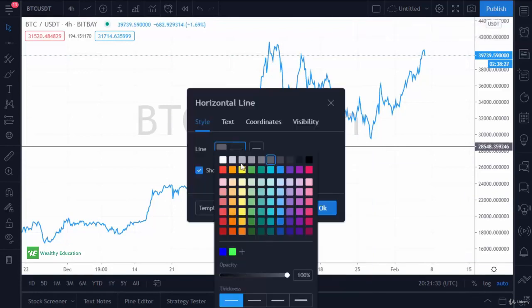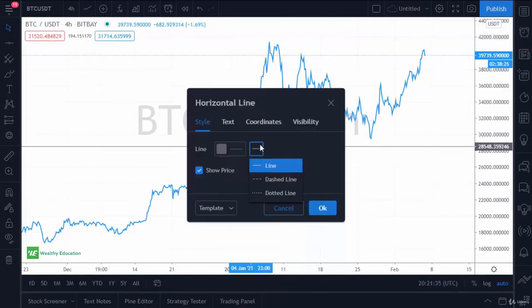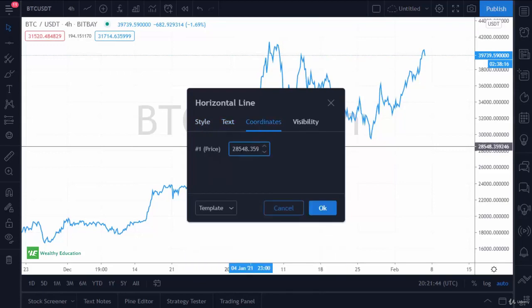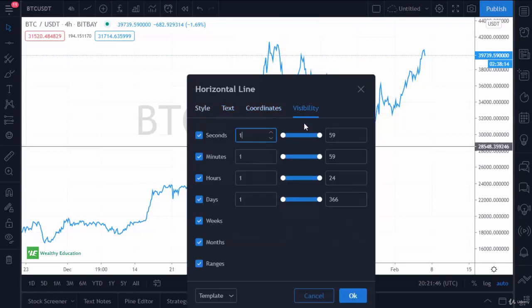You can change the colors, the thickness, or the type of line. You can add text to it. You can change the price. And then the visibility just means that if you want to show it, like, say, only on the daily charts, but not on the monthly charts, then you can click or unclick that.